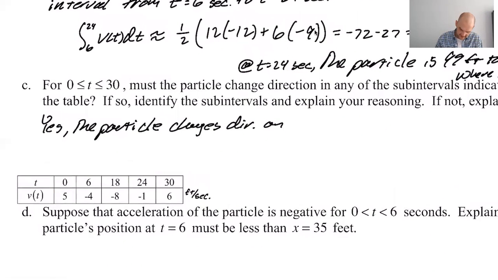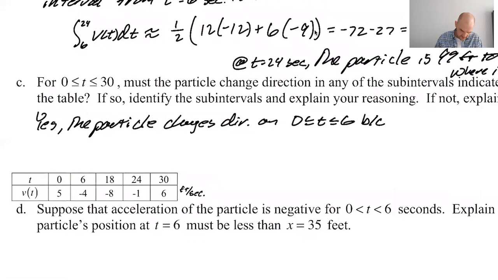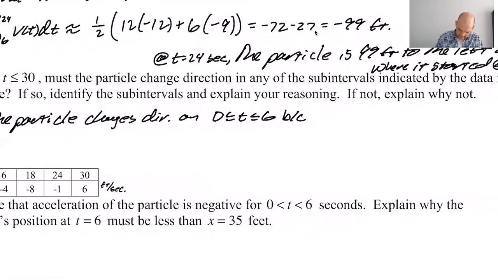Changes direction on 0, 6, because v of t has a sign change. Let's do multiple at the same time.